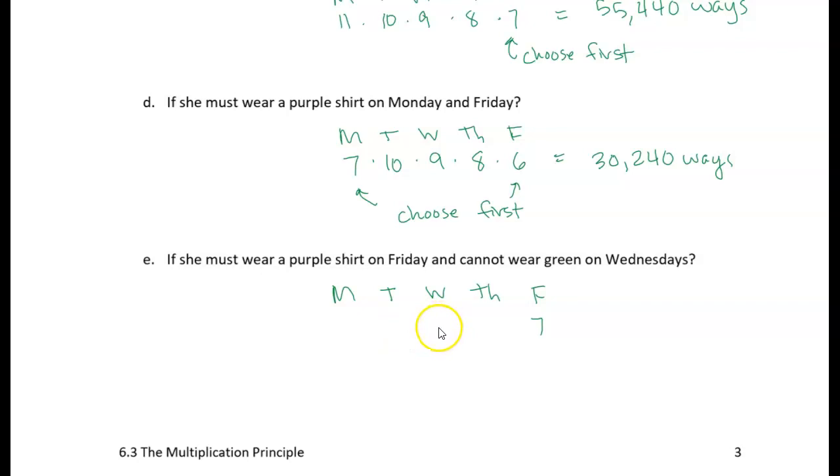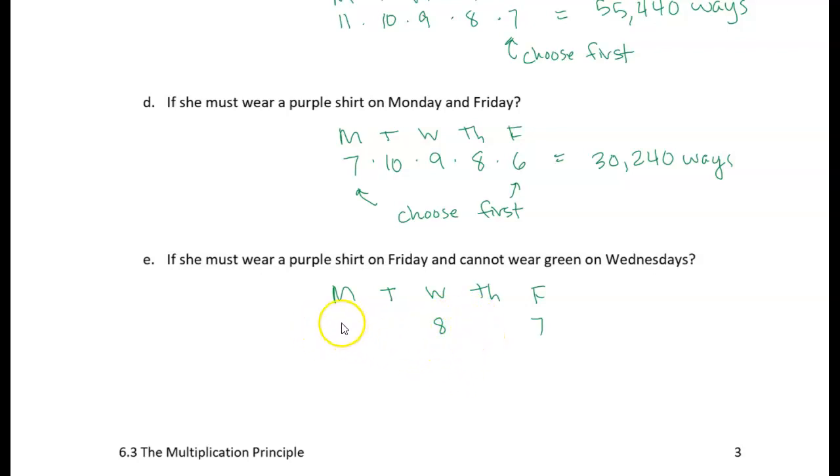Okay, so she had 12 shirts. She can't choose green, right? And how many green shirts does she have? She has 3 green shirts. So she can't wear any of those 3 green shirts, and she cannot wear the shirt that she's going to wear on Friday. So that leaves her 8 choices. Okay, and now the rest of the days don't have any restrictions.